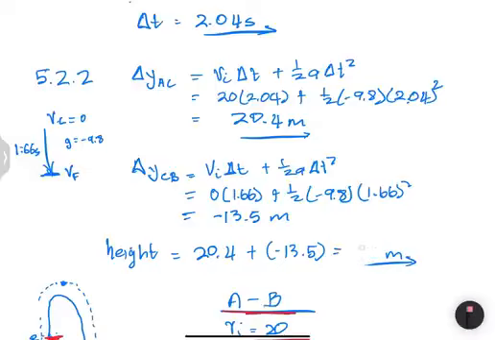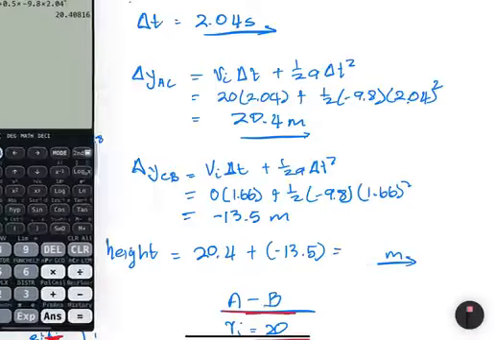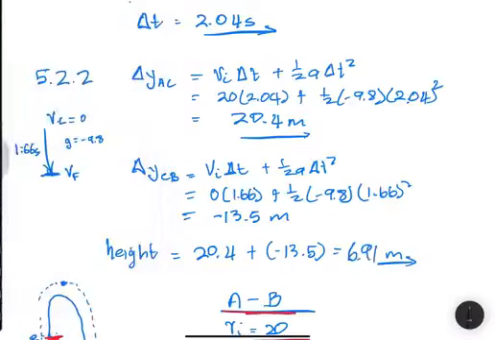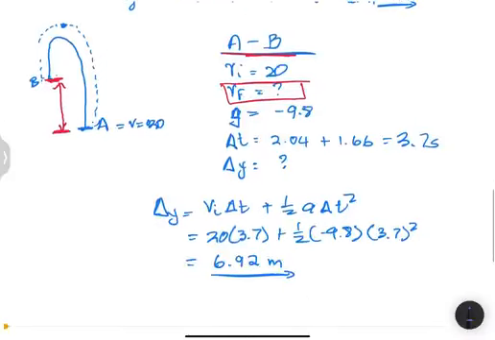So when I take that, 20.4 minus 13.5, actually, let me rather find the answer first and then minus 13.5. You can see that answer there, 6.91, which is exactly what we found in this case, basically just the same as that answer over there.